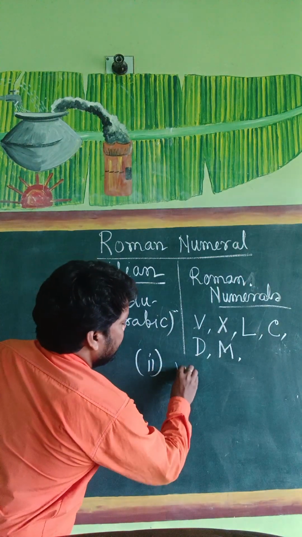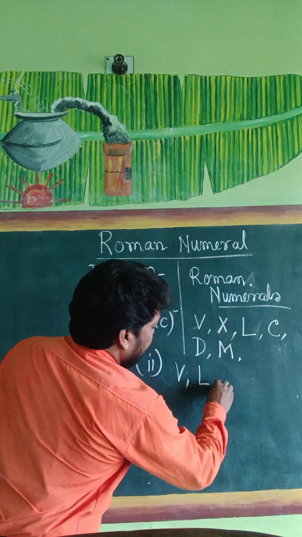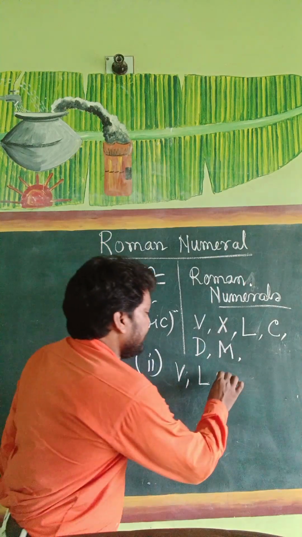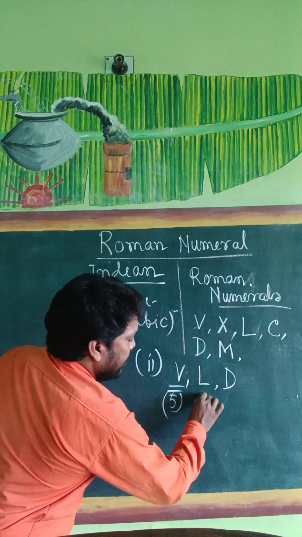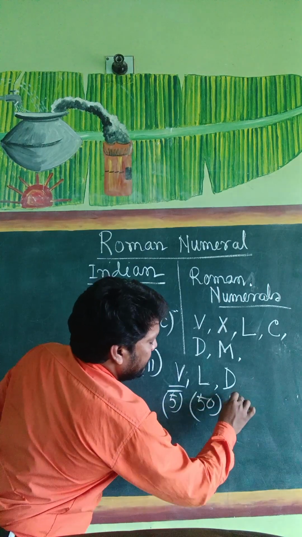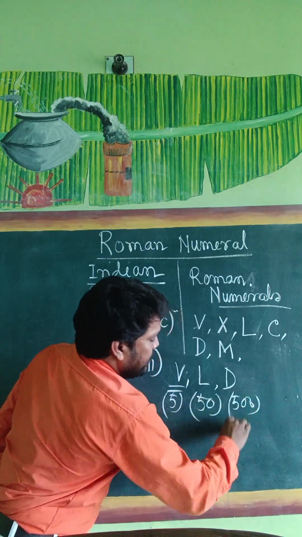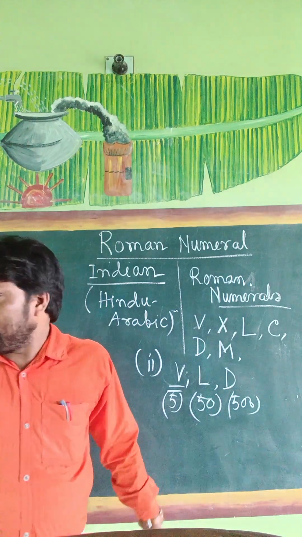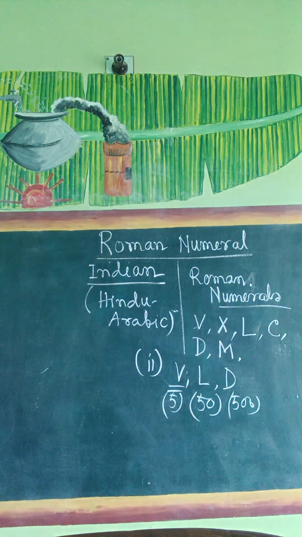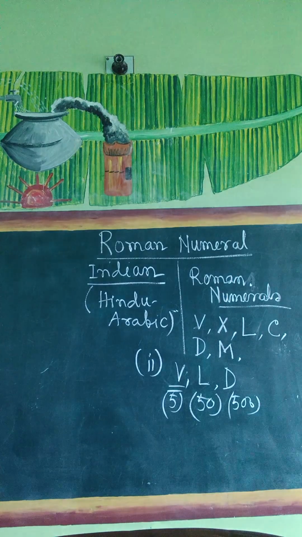Number 2, V, L and D. V means 5 in Hindu-Arabic, L means 50, D means 500. They are never subtracted.